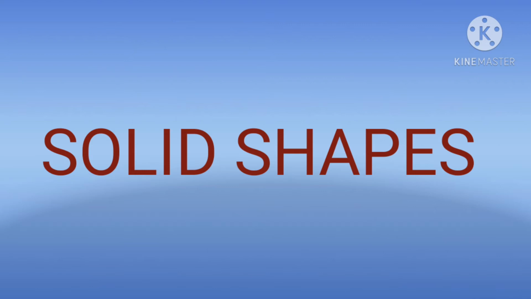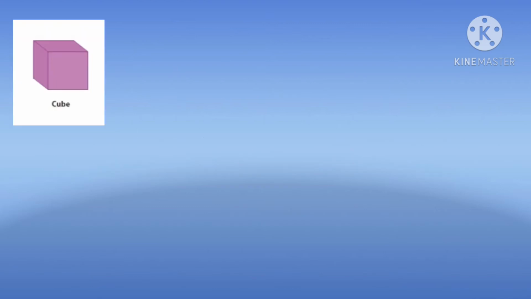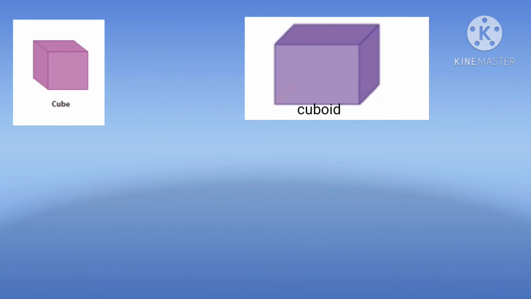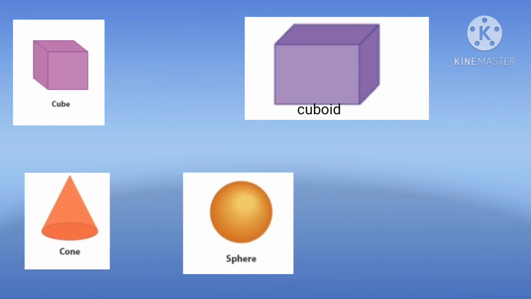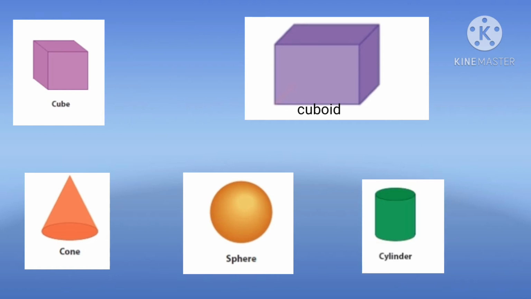Do you remember what are the solid shapes? Yes. The solid shapes are cube, cuboid, cone, sphere, and a cylinder. And you all know how many faces, curves, edges, and corners they have. Do you remember all this, children?